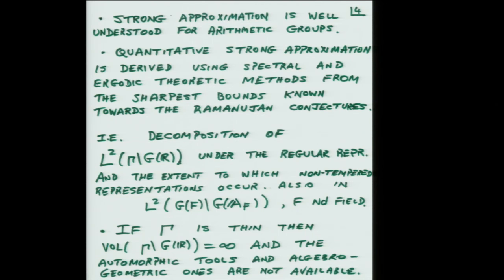And the theory of automorphic forms is no more, no less, at this side of the subject, about understanding these. And you would love to know that the only representation besides the trivial representation that comes up in this decomposition, this is finite volume, so the trivial representation occurs in that L2 decomposition, is that everybody else is what's called tempered. That's the famous general Ramanujan conjectures, which are false in this generality.